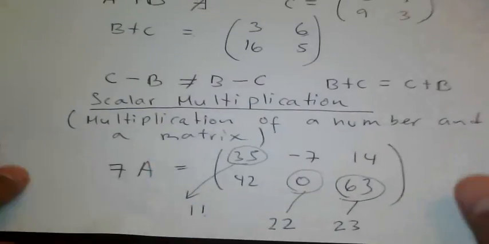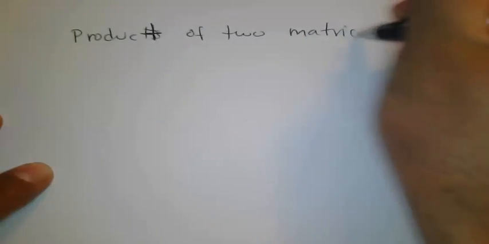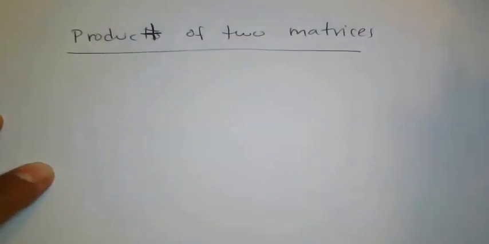Something else that I want to give a brief review, that I'm hoping most of you saw someplace else, is the product of two matrices. If you remember, for subtraction and addition, the condition is that the matrices have to be the same size.